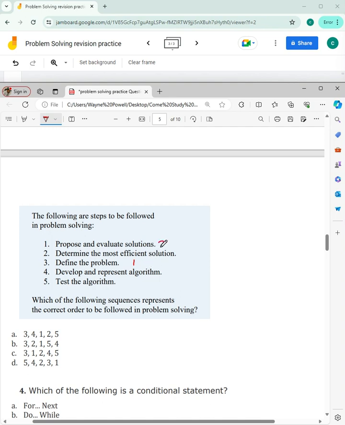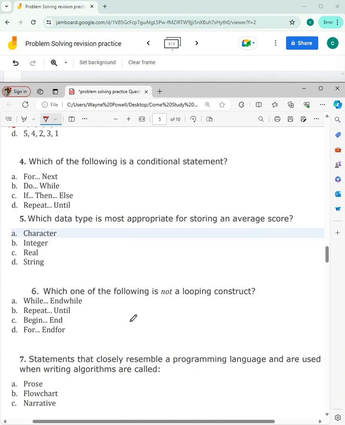Then we determine the most efficient solution, we develop and represent the algorithm. And then we test. So which one would be the answer? There would be 3, 1. Which one has 3, 1? 3, 1, 2, and the answer would be C. 3, 1, 2, 4, 5.